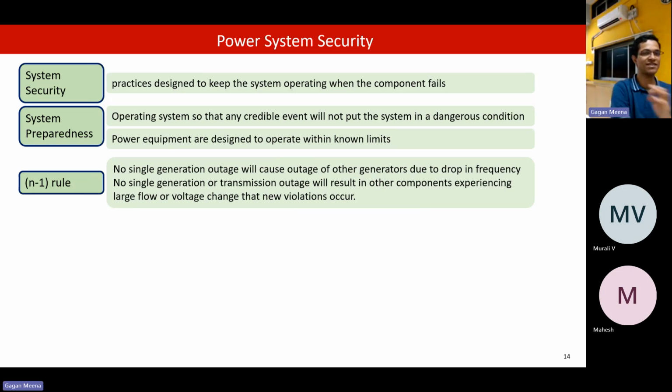If there is a generation outage of a very big generator, let's say recently there have been several such phenomena, in a European country, maybe Norway or some other country, I don't exactly remember. Several times there was an outage of a nuclear power plant, around 2 to 2.5 gigawatt.